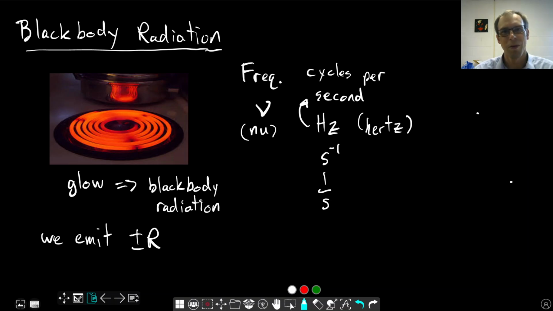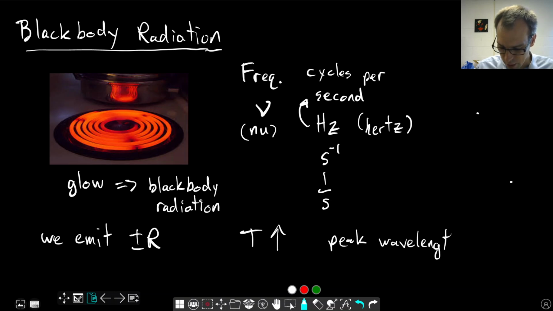Now, why is this relevant to talking about atoms? Well, back in the late 1800s and early 1900s, scientists were measuring the properties of blackbody radiation. If you're familiar with a stove or a flame, as it gets hotter, as temperature increases, the peak wavelength decreases.